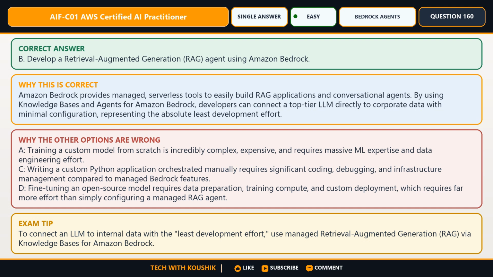D. Fine-tuning an open-source model requires data preparation, training compute, and custom deployment, which requires far more effort than simply configuring a managed RAG agent. Remember this decision rule. To connect an LLM to internal data with the least development effort, use managed retrieval augmented generation, RAG, via knowledge bases for Amazon Bedrock.